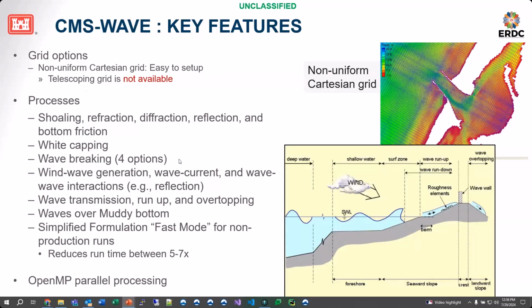As I mentioned earlier, we do not have telescoping grid availability for the wave models, so we still have to wind up with two different grids if we want to combine these processes together. And it also has some amount of parallel processing within the wave model to handle those calculations as well.